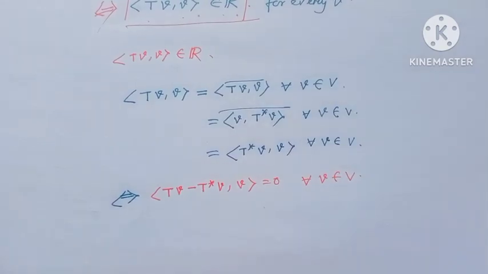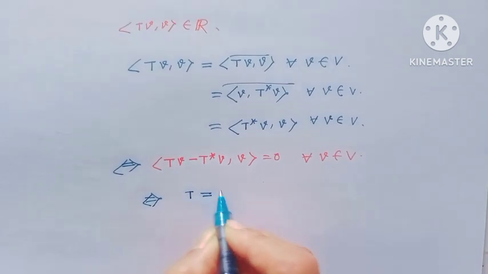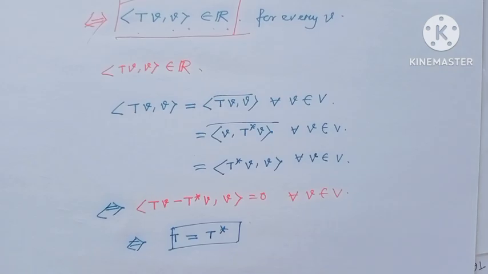If this is true for all v, then that implies T equals T star. That means the operator is a self-adjoint operator.